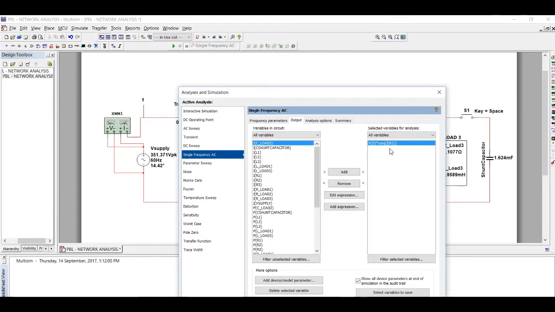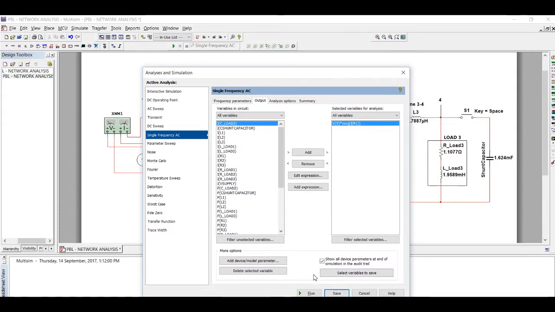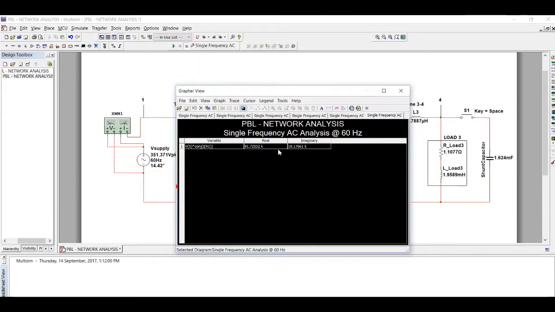V5 is the voltage at the line here, which is equal to the voltage of the supply, and IR1 is equal to the total supply current. So we run the simulation, and we get the real power and the reactive power of the system.